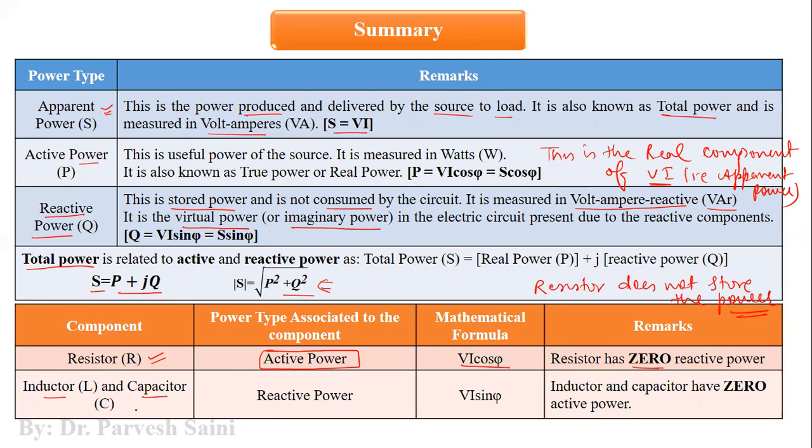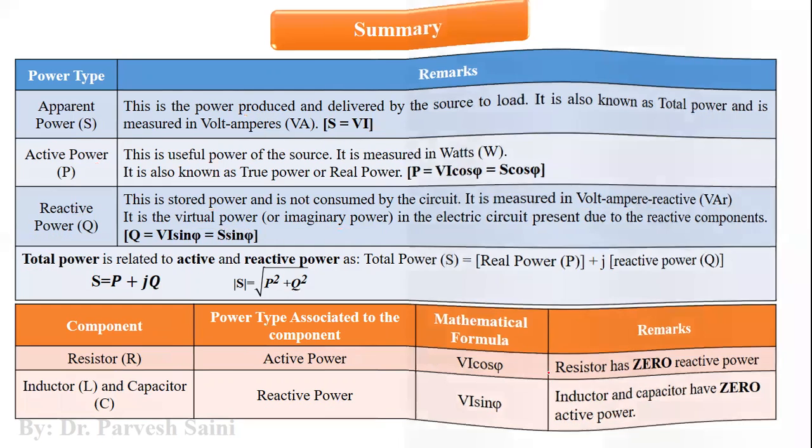Similarly, an inductor and a capacitor have the reactive power associated with them, which is given by VI sin phi. And the inductor and capacitor do not have active power. That means they do not dissipate, absorb, or use the power.